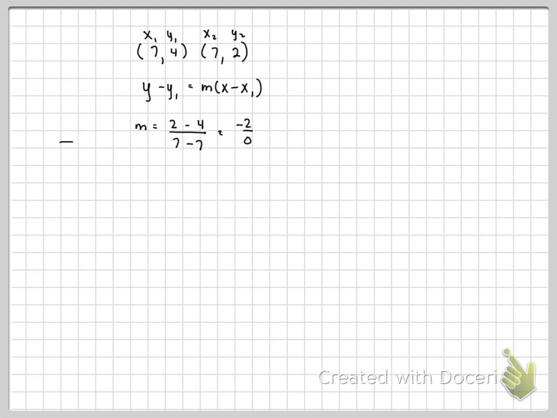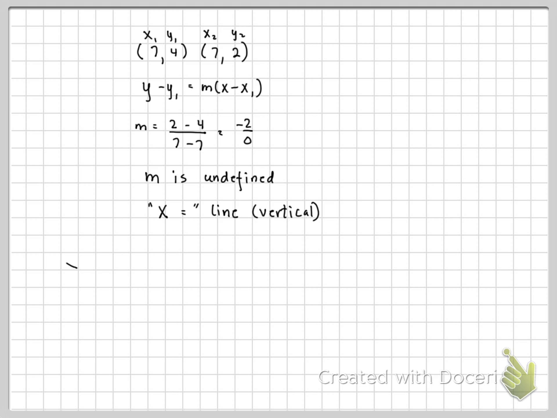Well, notice when we get a 0 in our denominator, that means the slope is undefined. And the only kind of line that we have where our slope is undefined is an x equals line, which is a perfectly vertical line.